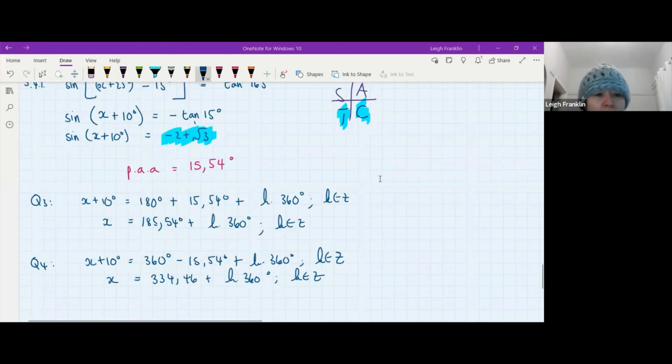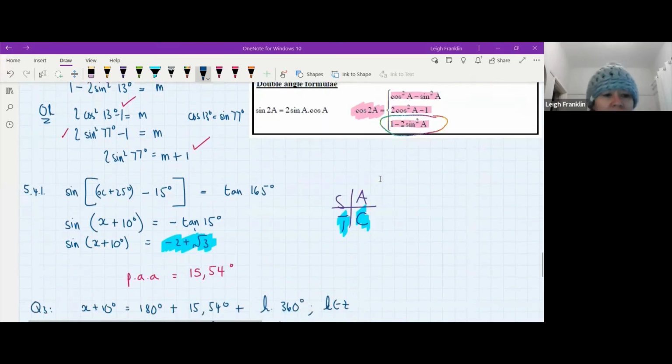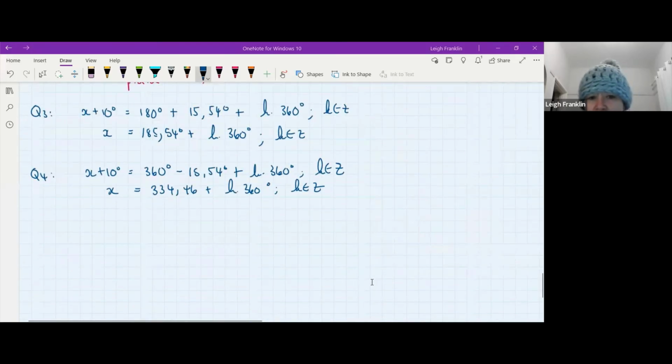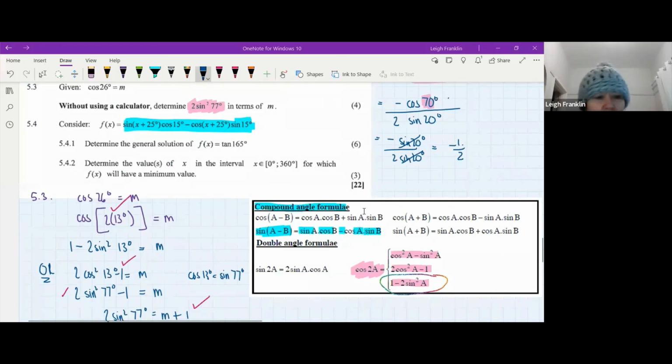Okay, now where were we? We were busy finding a general solution. We found our general solutions, and they don't want us to do anything else, like solving somewhere on the x-axis, so that's fine. Now we have exactly 5 minutes left to do the last question, and then we can say goodbye.